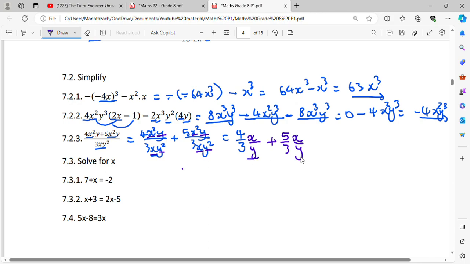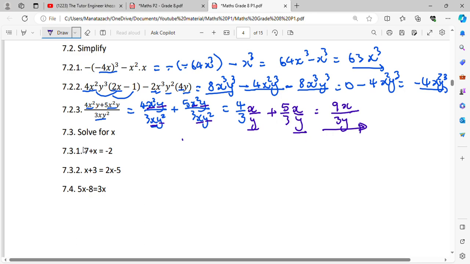Remember, they look the same. They both have x over y. So you can easily simplify them with 3y as a denominator. And then you'll add 4 and 5, which will give you 9x. So this would be your answer.